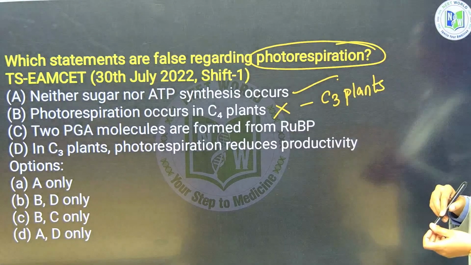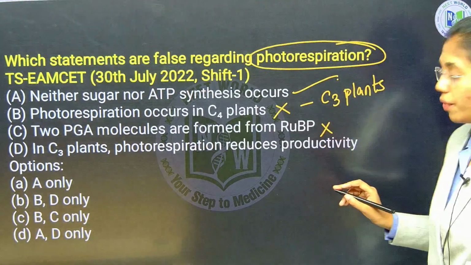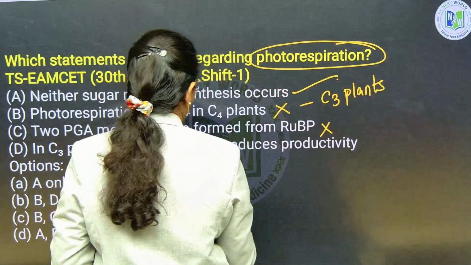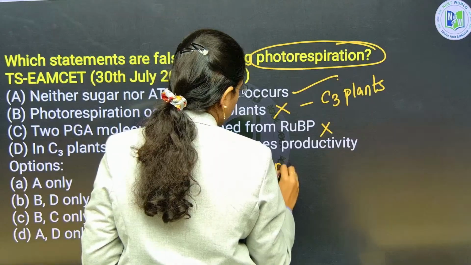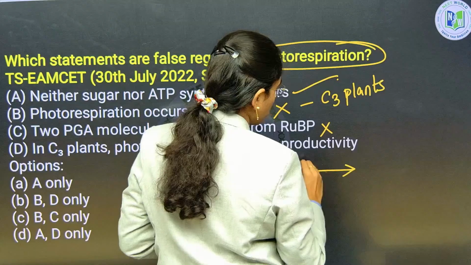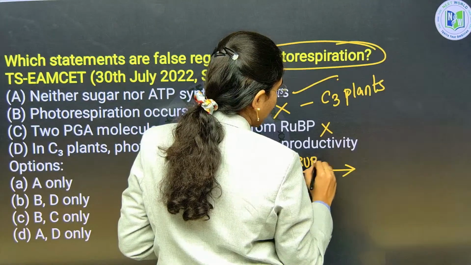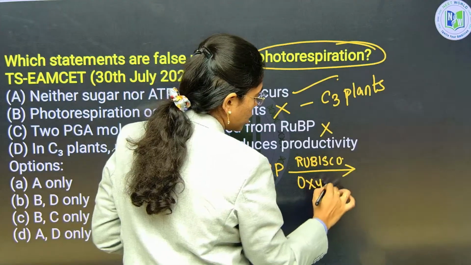2 phosphoglyceraldehyde molecules are formed from RuBP. Wrong. When oxygen is being accepted by RuBP, the first step, which is a 5 carbon compound, Rubisco performs oxygenase activity here.